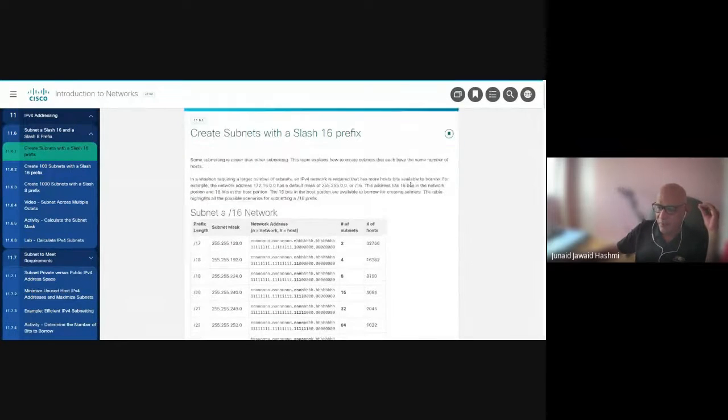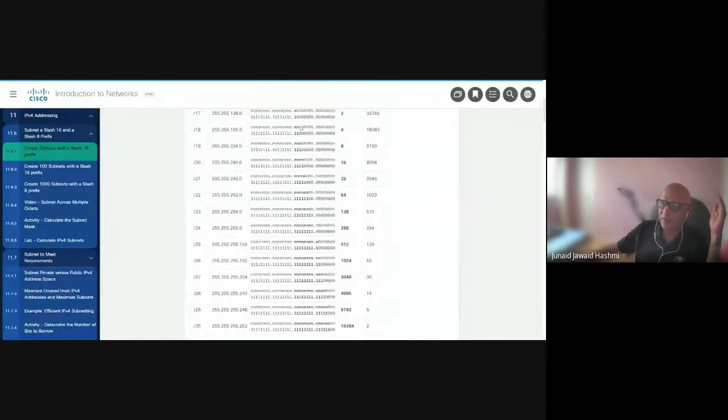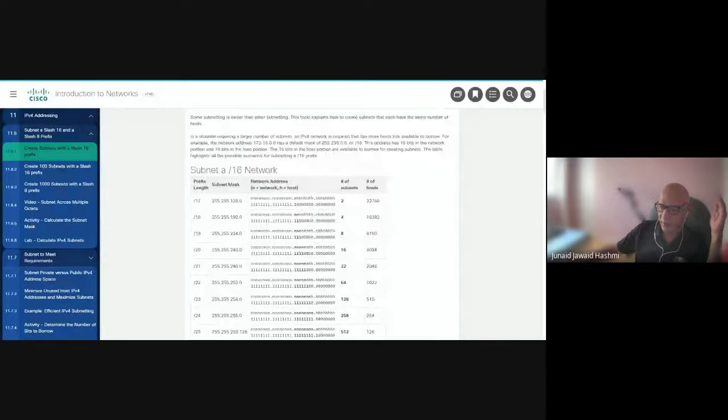And the best way to subnet it is not borrowing from the third octet, like here it says, because if you borrow from the third octet, number of subnets gives you 2, and number of hosts 32,766. That's still a lot of hosts in one network.